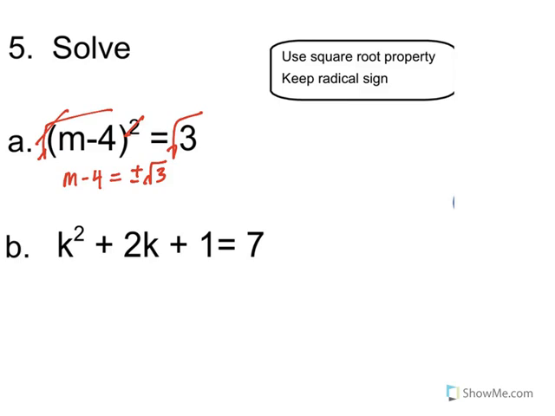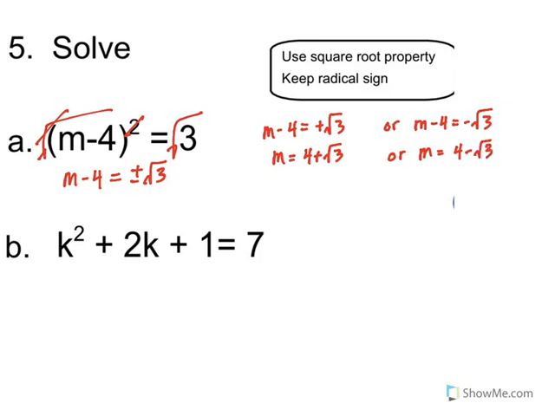And then we would add. So I'm going to solve the equation. Here, I can solve it one of two ways. I can break it apart. I can do m minus 4 is equal to positive square root of 3, or m minus 4 is equal to the negative square root of 3, and then solve it like normal. So add 4 on both sides. That would give me m is equal to 4 plus the square root of 3, or m is equal to 4 minus the square root of 3.